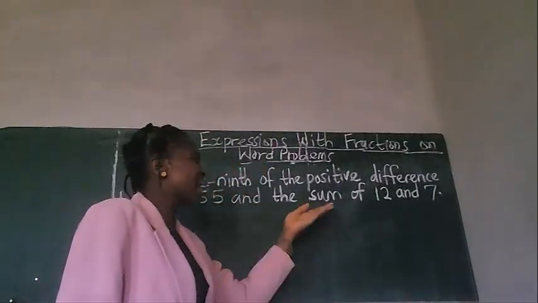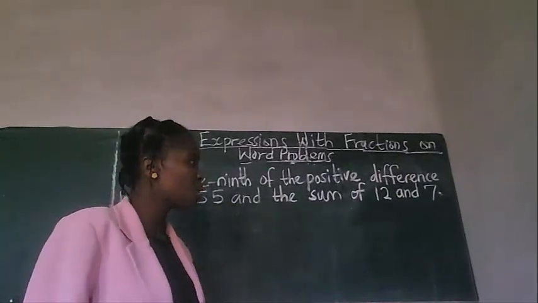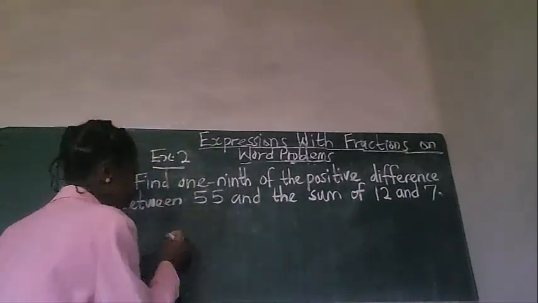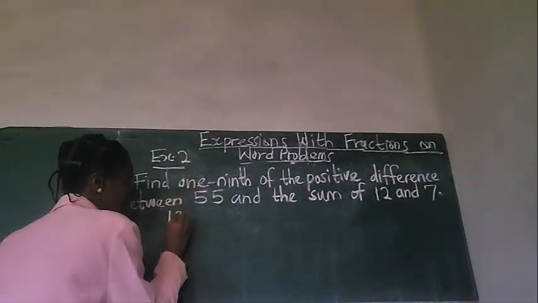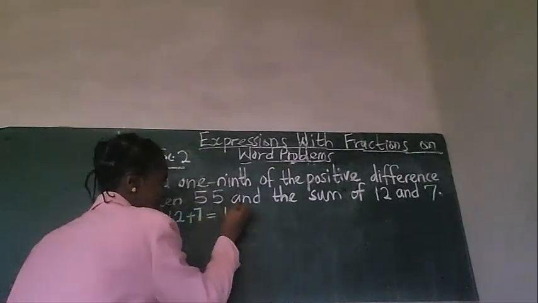That means we need to get the sum of 12 and 7 first. What is the sum of 12 and 7? Sum means plus, addition. That's 12 plus 7 to give us 19.